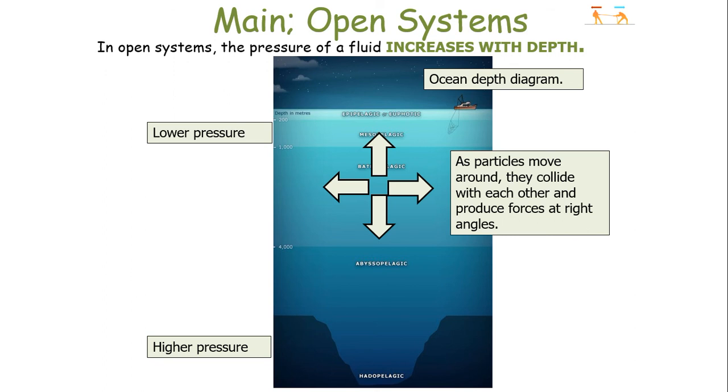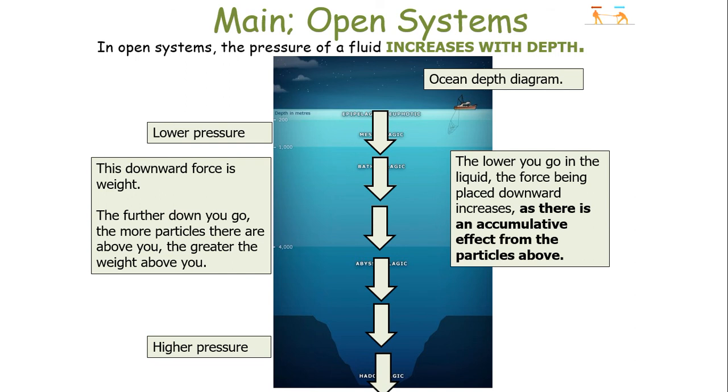As the particles move around, they collide with each other and produce forces at right angles, like we mentioned before. And there's always going to be a downward force of weight acting down. The further down you go in a fluid, the more particles there are above you at a particular point. So there are more particles exerting a force downwards above you, so this force will accumulate and add up and add up and add up.